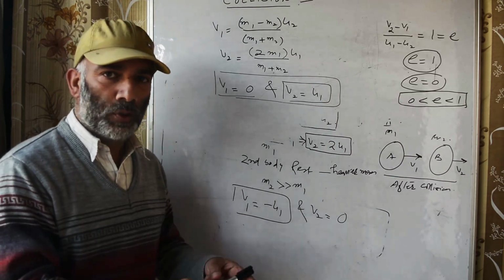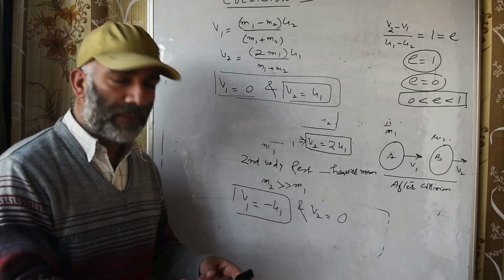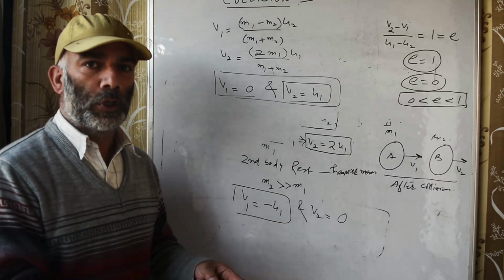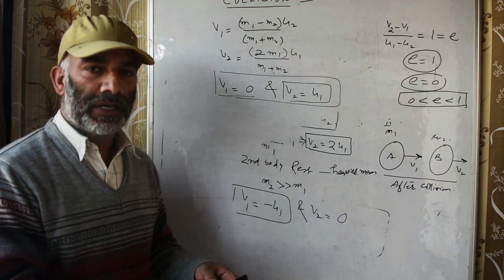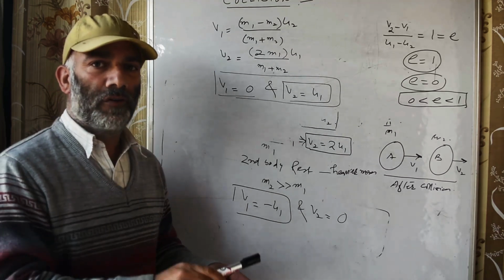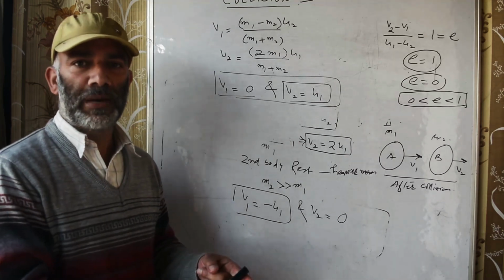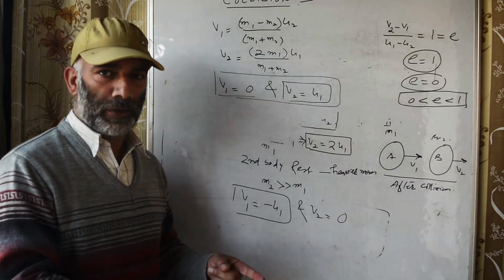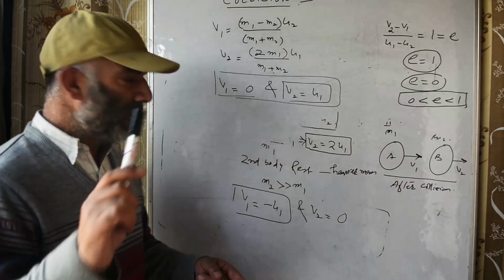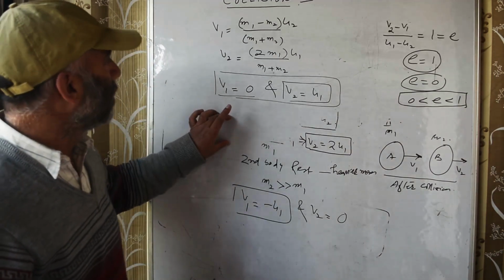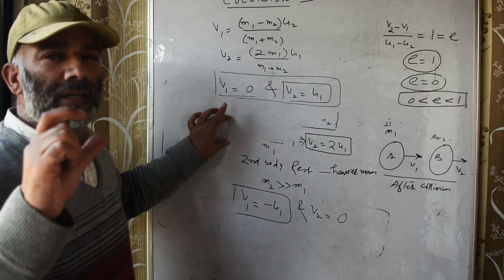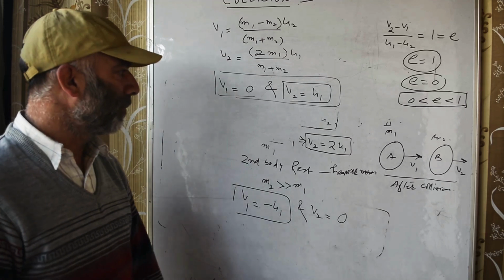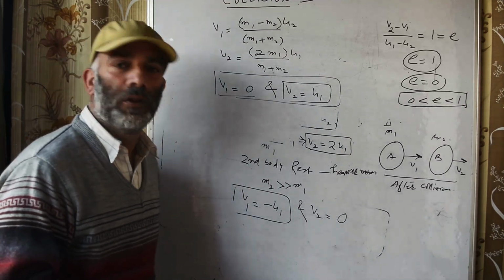In all types of collisions, the total linear momentum and total energy remain conserved, but in one special type, known as elastic collision, in addition to the linear momentum and total energy, the kinetic energy also remains conserved. So we have talked about collision in one dimension, and we have also talked about some of the equations. Hope you will try all these equations.